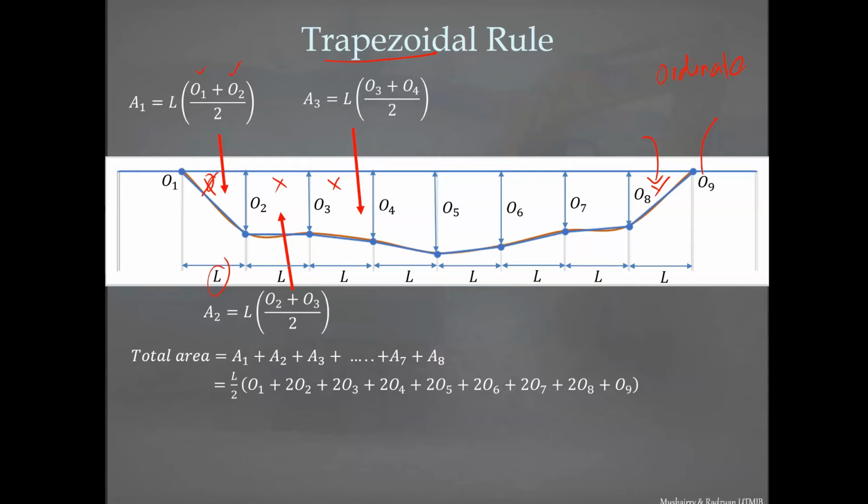In general form, the area is given by half of the interval, multiplied by the sum of the first and the last, whereas the rest of the ordinates will be summed and multiplied by 2, because you're going to use those ordinates twice. So that will be the trapezoidal rule.